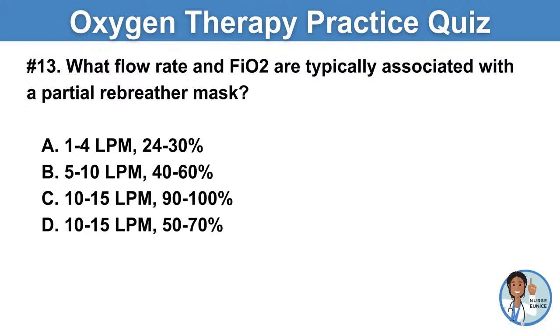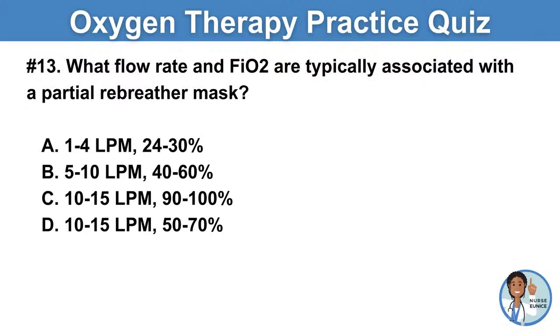This one's tricky. What flow rate and FiO2 are typically associated with a partial rebreather mask? Is it 1 to 4 liters per minute and 24 to 30% FiO2? Is it 5 to 10 liters per minute and 40 to 60% FiO2? Remember, the partial rebreather mask is the mask that you put on before the person gets a non-rebreather.